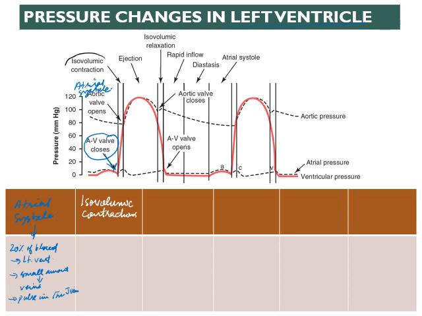During isovolumic contraction, the wave of depolarization spreads from atria to ventricles. During this phase, left ventricle pressure rises.